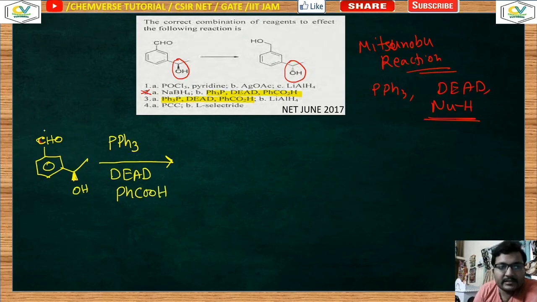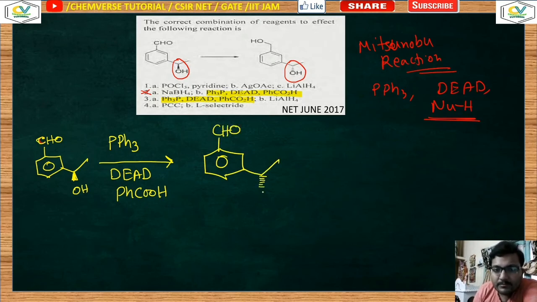So what will happen? This is the aldehyde portion, and the aldehyde will not react. So as a result, you will get CHO, and here it will be present in the below position. So it is COPh. This is after your Mitsunobu reaction.